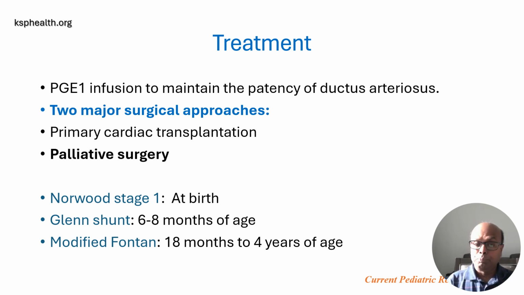The first is called Norwood stage 1, at birth. Second, the Glenn shunt, done at 6 to 8 months of age. And third is the modified Fontan procedure, usually done between 18 months and 4 years of age.